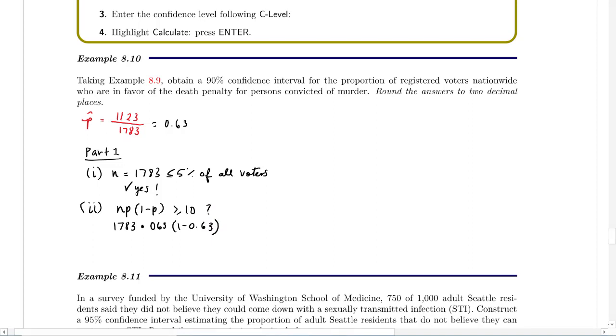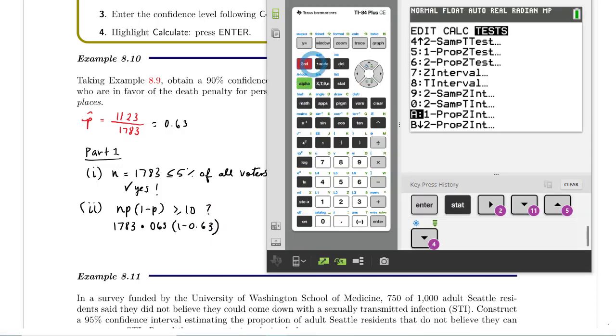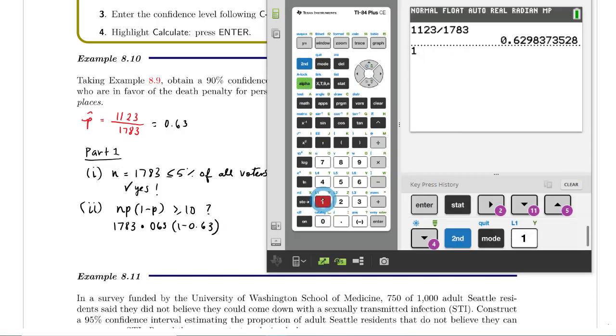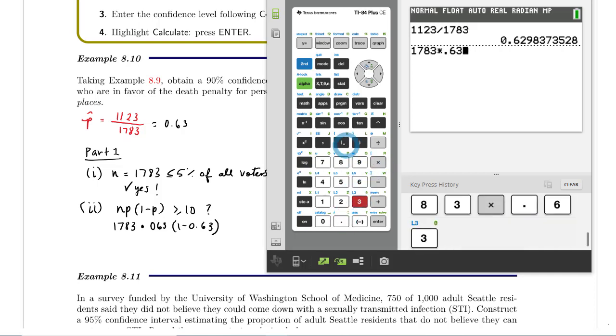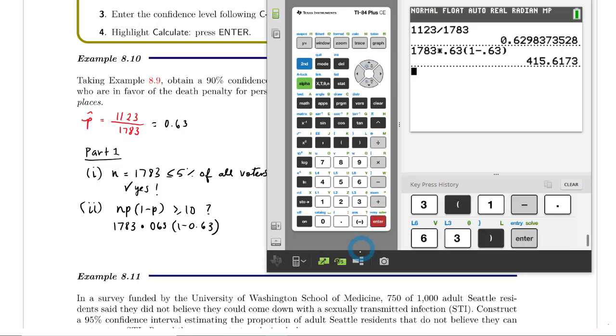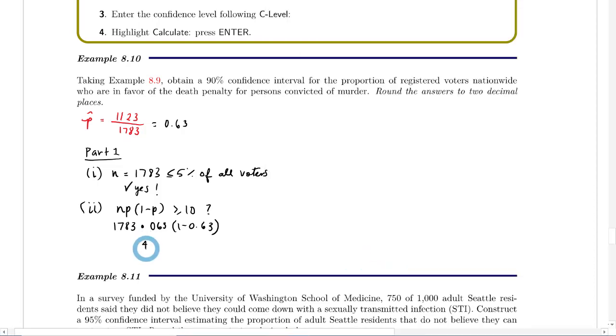So we'll just do that in the calculator. 1,783 times 0.63 and then parenthesis 1 minus 0.63. And I get 415.6. So 415.6 is definitely greater than or equal to 10.